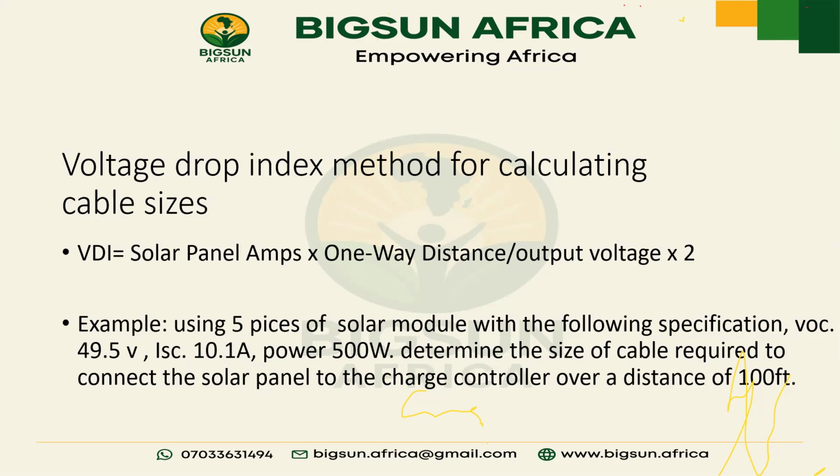So 6,565 divided by 99 is going to give us 66.31. So that's our VDI.